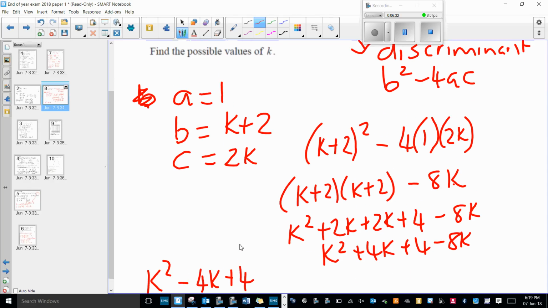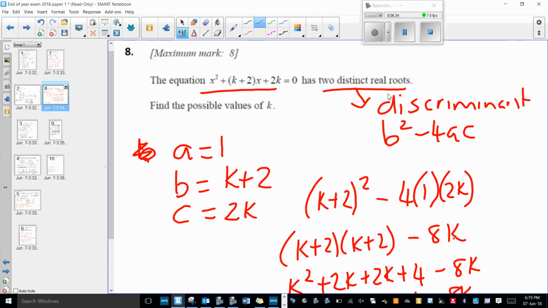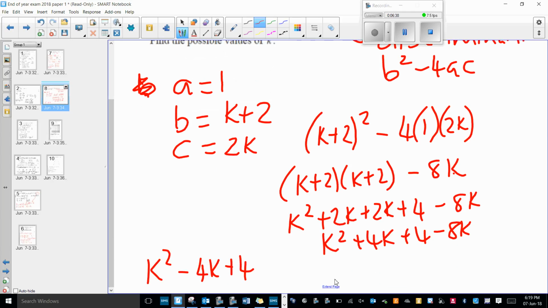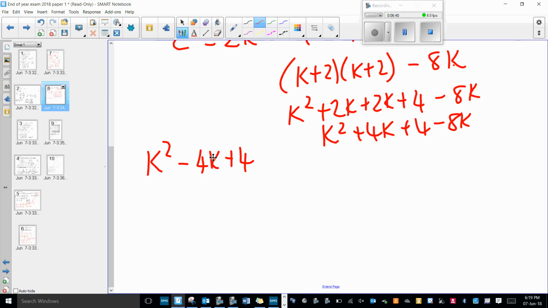Well, if I've got two distinct real roots, it means that discriminant has to be greater than 0. So now I'm going to factorize. I know that it's negative 2, negative 2.